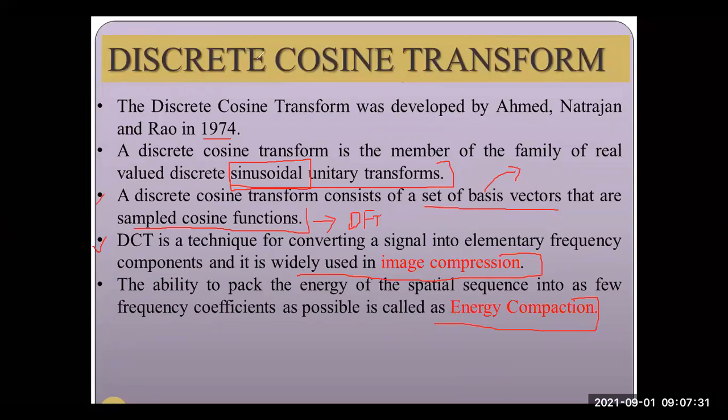That is why we went for the discrete cosine transformation. Second, energy compaction in the DFT is low, whereas in the discrete cosine transformation it is high. Up to this point we discussed in the previous class. Now let us understand how we can derive a mathematical formula for this, and we will compare this DCT with the DFT.